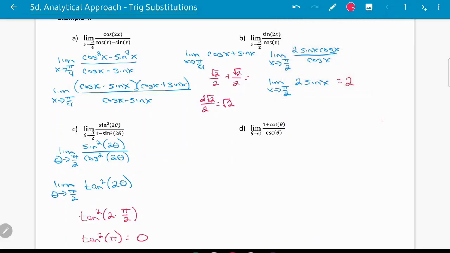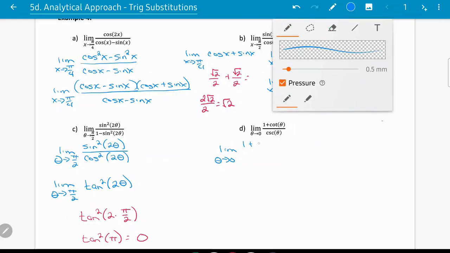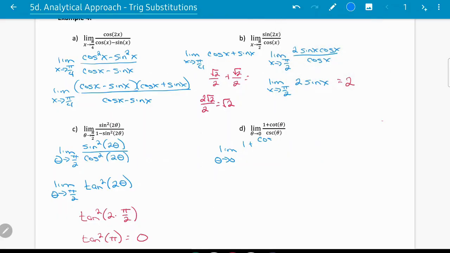All right, so looking at example D, we have the limit as theta approaches 0 of 1 plus, I'm going to write this as cosine theta over sine theta over 1 over sine theta.